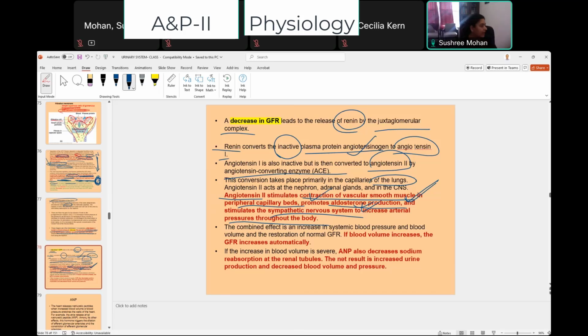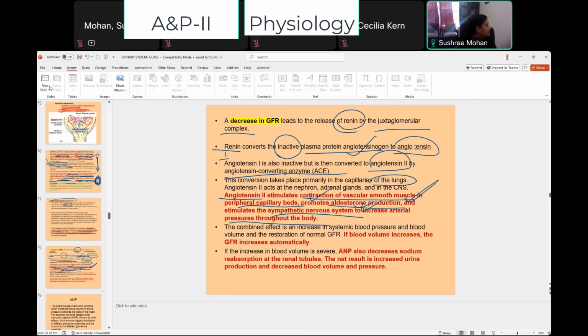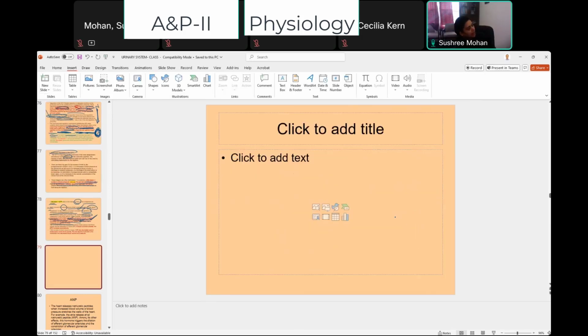I can put it this way: it's like a cascade of reactions. Let me take a slide and draw it for you. Okay, so we have the kidney, cortex, medulla. Suppose this is one nephron's glomerulus.